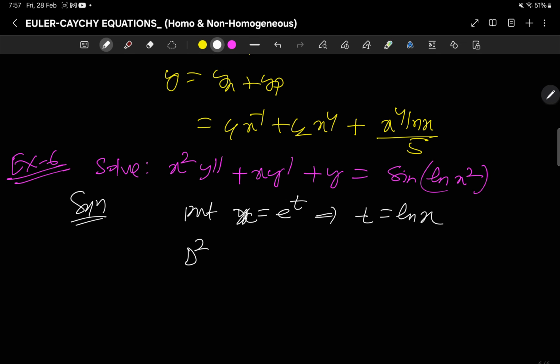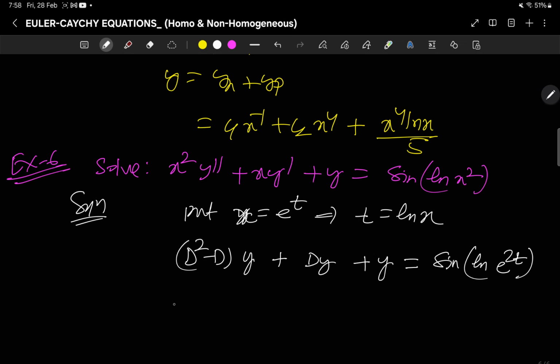It is d square minus d, plus d, plus y is equal to sin ln x square. x square is e to the power 2t.